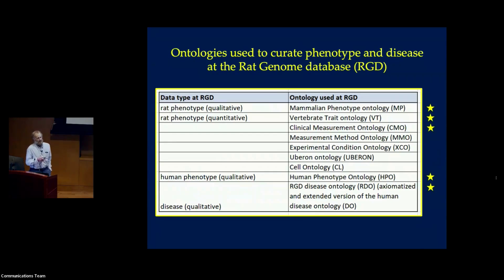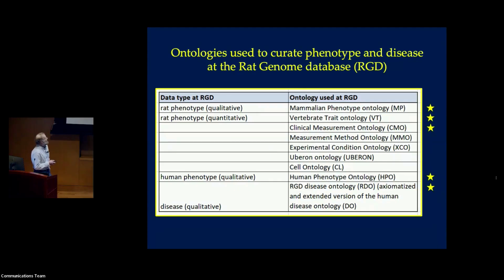So we've had some collaboration with DO and MGI some years ago to produce an axiomatized version which takes into account anatomy across the board, and it tends to give more than one parent for certain disease children terms.